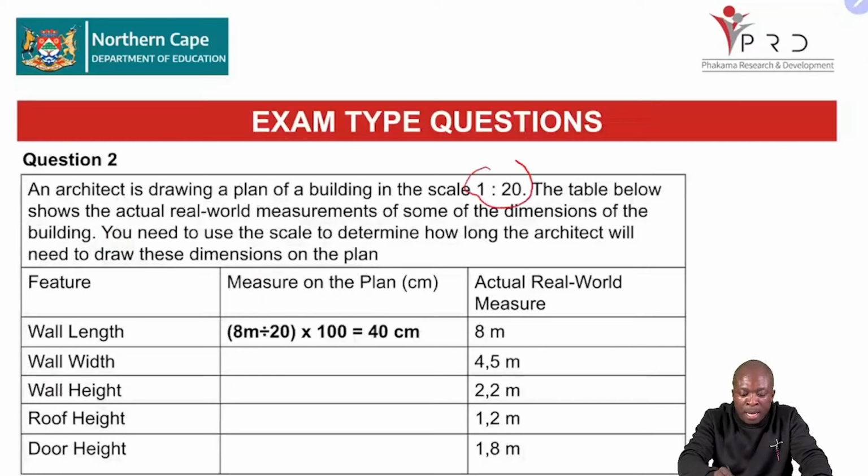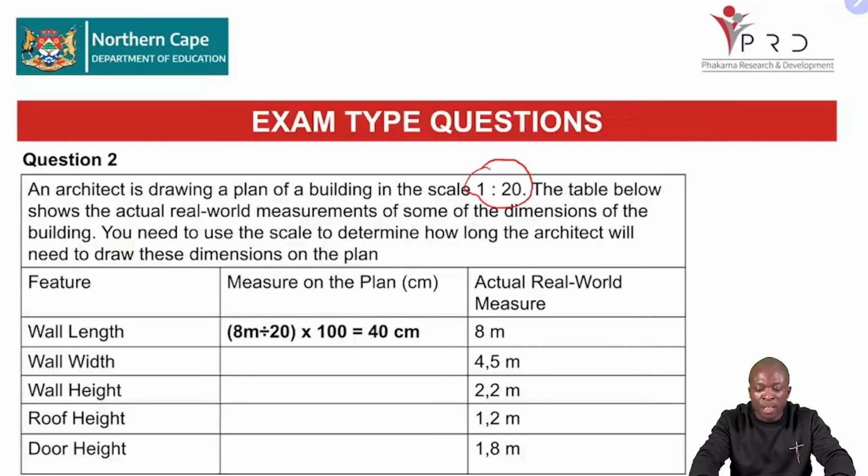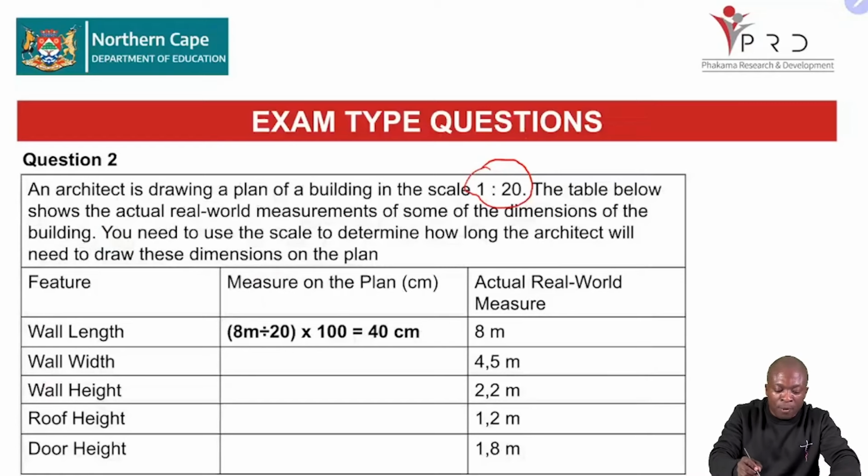Please remember, highlight the scale that you have been given because you would need it. The table below shows the actual or the real world measurements of some of the dimensions of the building. You need to use the scale to determine how long the architect will need to draw these dimensions on the plan. So here I have done the first one for you.